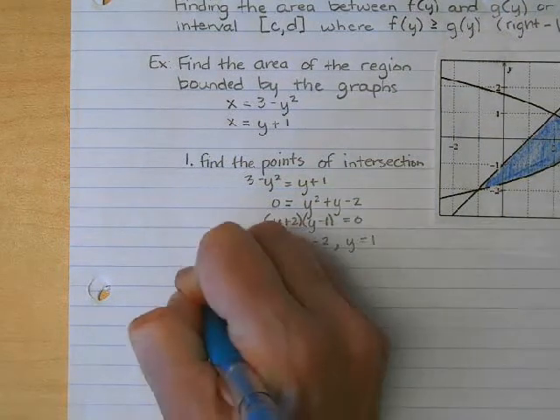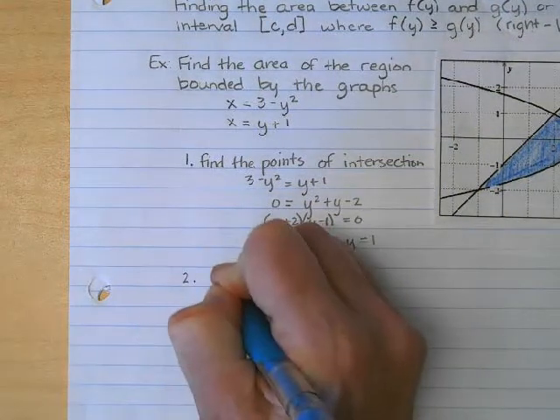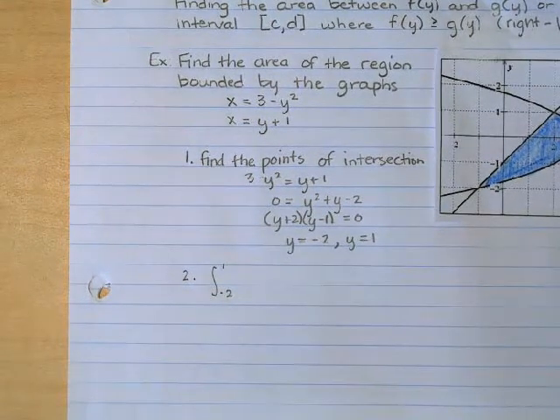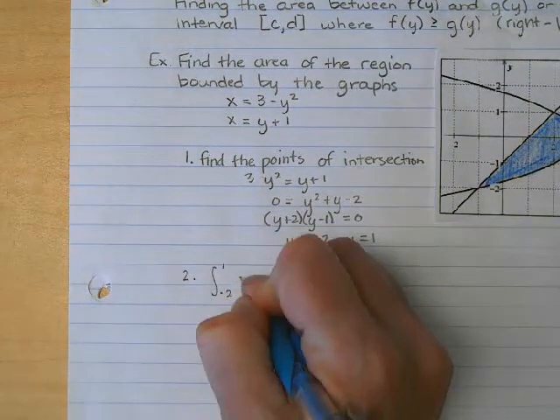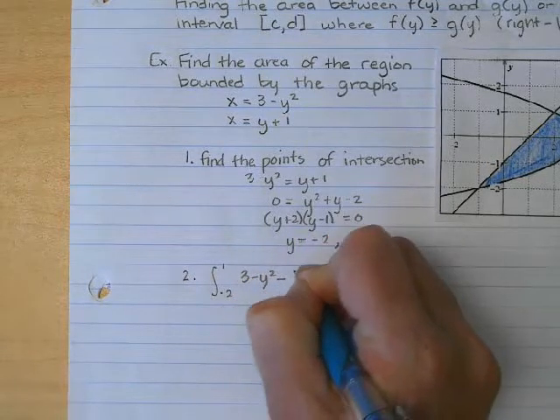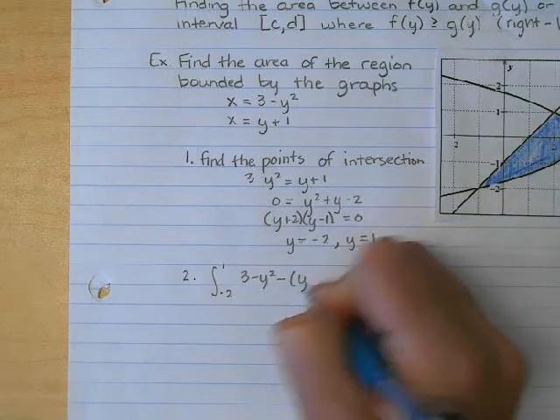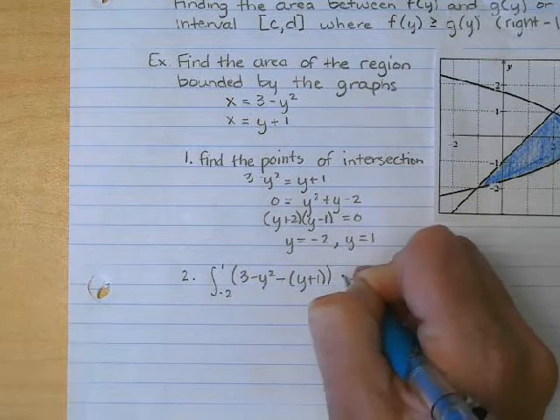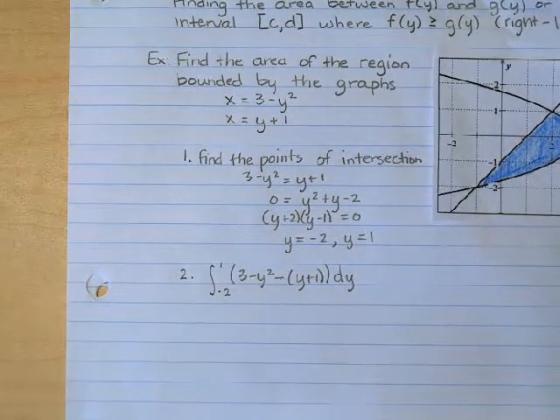So now let's go ahead and set up our integral. We're going to go from negative 2 to 1, and I'm going to put in 3 minus y squared minus y plus 1. So just always watch that negative right there. That's just an easy place to make a mistake.